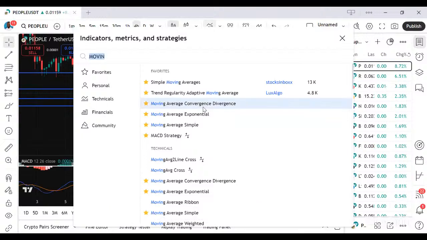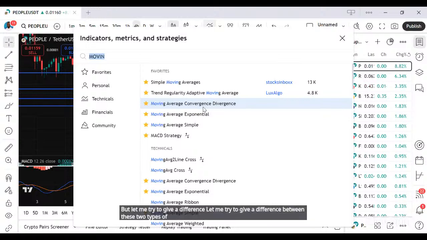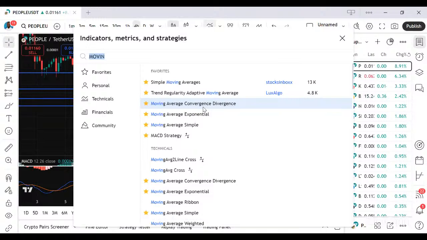But let me try to give the difference between these types of moving averages, so that people can understand what is what and what is better.